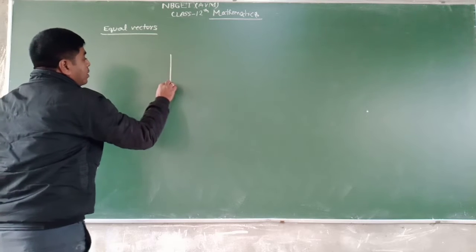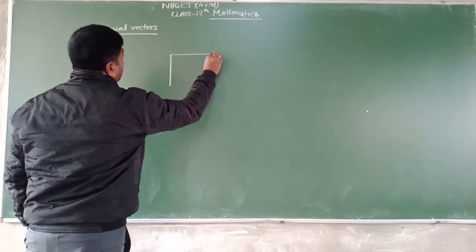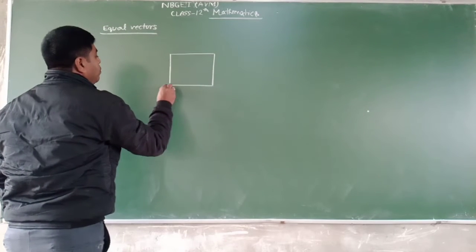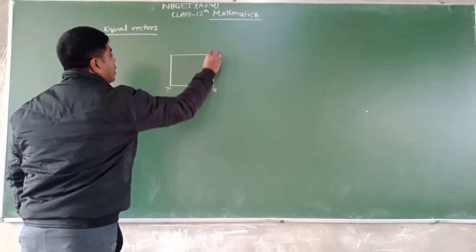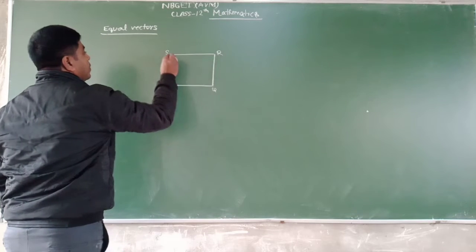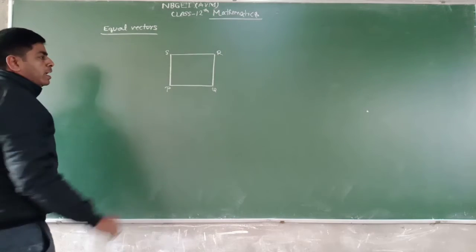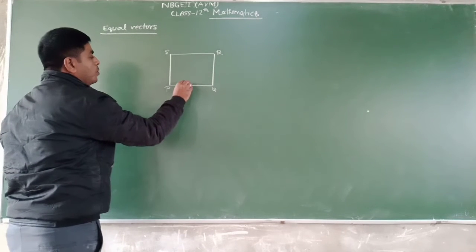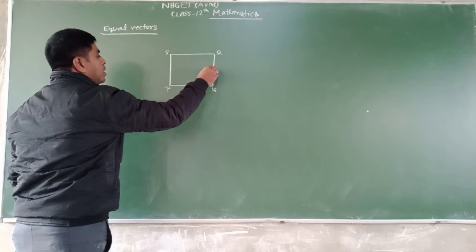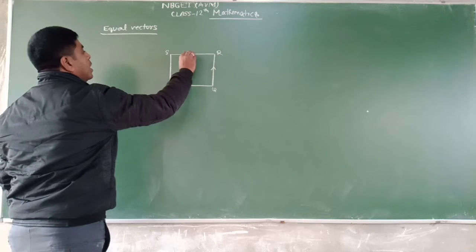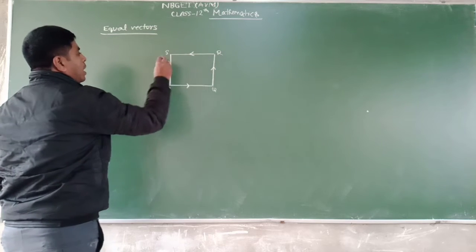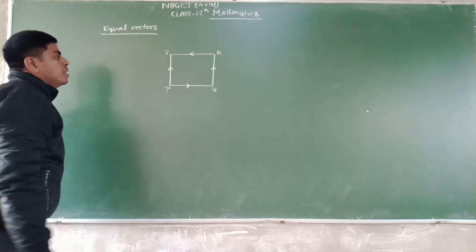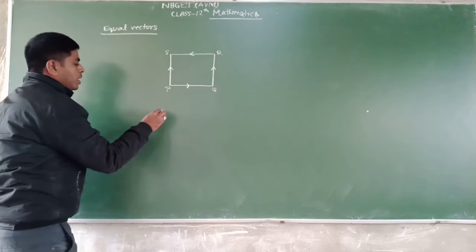Suppose we have a rectangle PQRS, and the sides of the rectangle are denoted by the vectors PQ, QR, RS and PS.